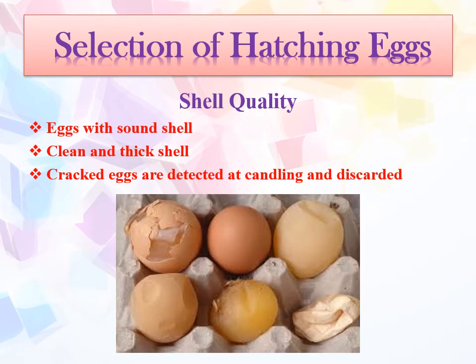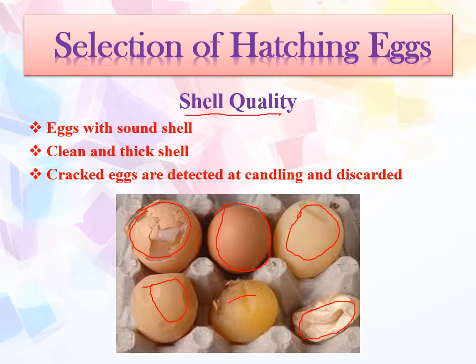Then after size and shape, another important quality you should keep in mind is shell quality. So the outer shell, here you can see in this tray there are 6 eggs. Only this one is ideal for putting into the incubator. Otherwise here you can see these are cracked shells. This again has no yolk inside. This is a very thin shell. Here also you can see the egg shell is broken.